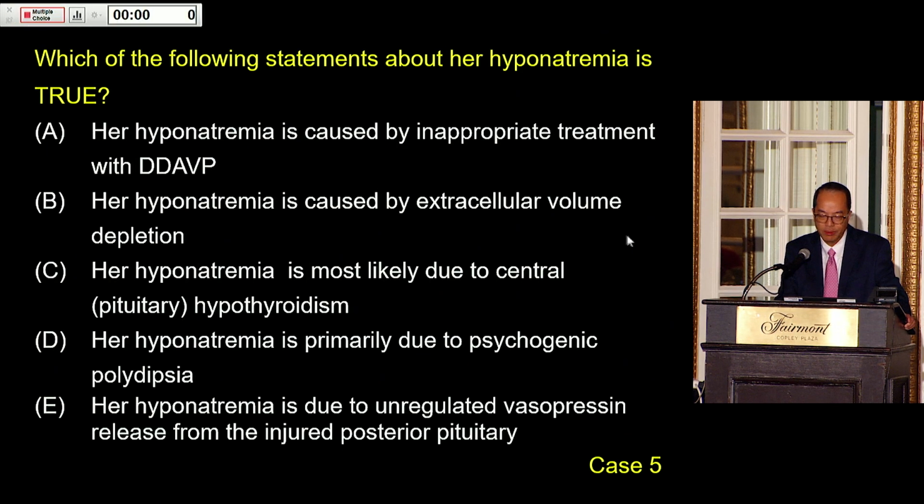Which of the following statements about her hyponatremia is true? Her hyponatremia is caused by inappropriate treatment of DDAVP. Her hyponatremia is caused by extracellular volume depletion. Her hyponatremia is due to central hypothyroidism, psychogenic polydipsia, or unregulated vasopressin release from the posterior pituitary.